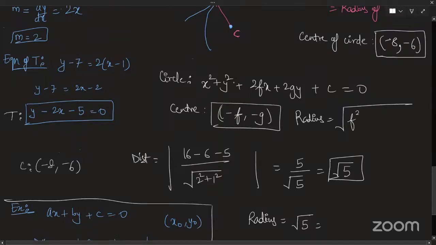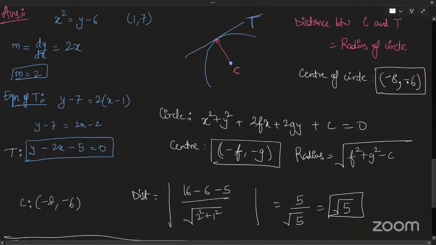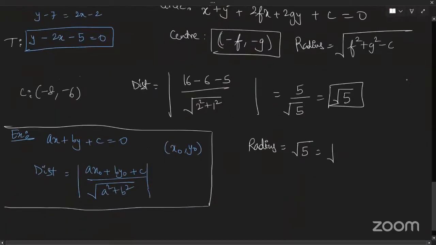It is square root of f square plus g square minus c. We have already calculated the values of f and g, so can you tell me what will be the value of f square plus g square? 64 plus 36, right? 10 square. Yes, minus c.